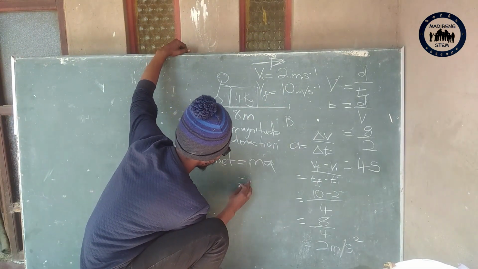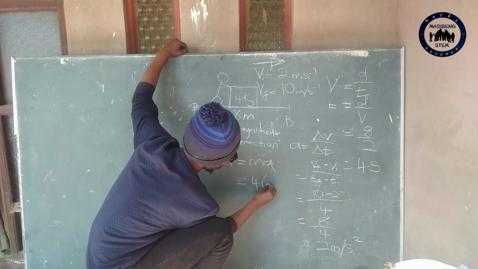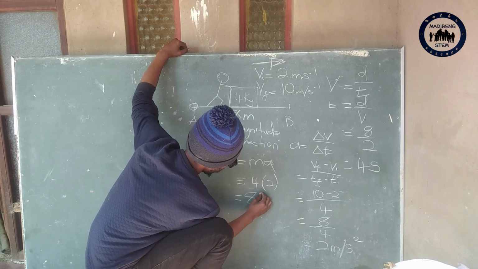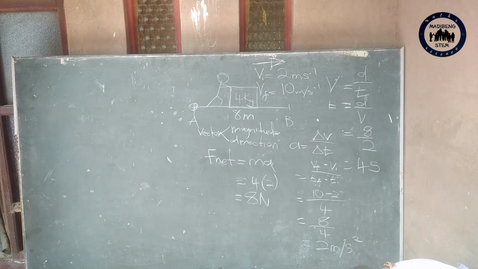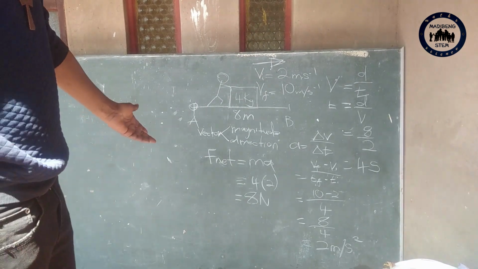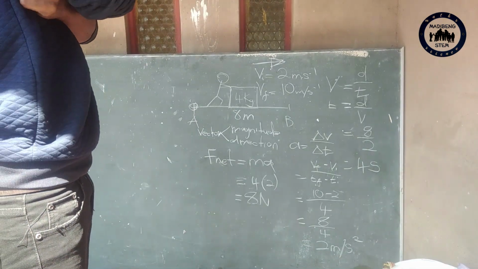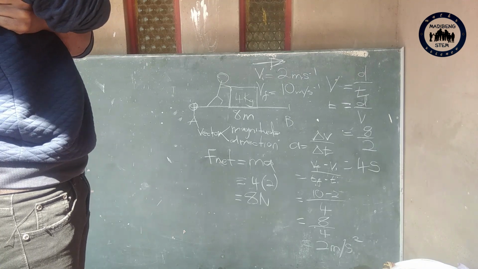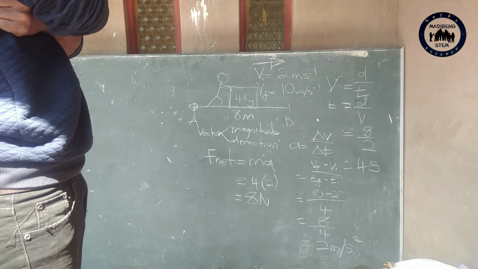What is 4 times 2, guys? 4 is our mass and our acceleration is 2. It's 8 newtons. So our F net is 8 newtons. So we have our F net. Yeah, we are done here, because we got our F net.